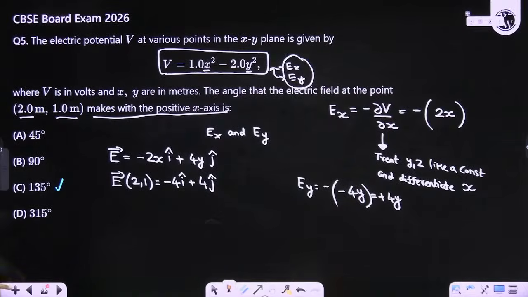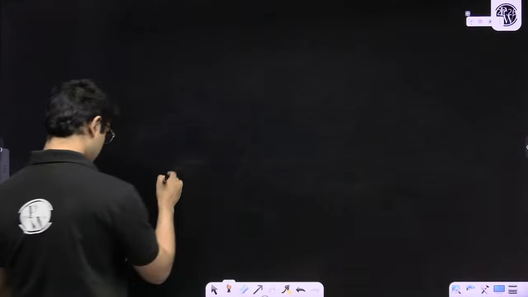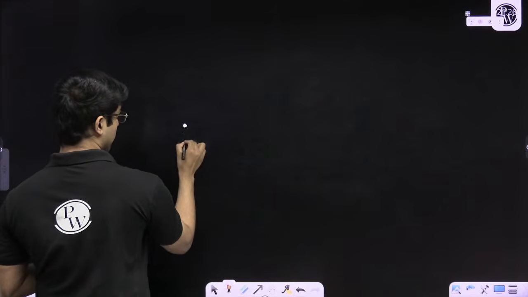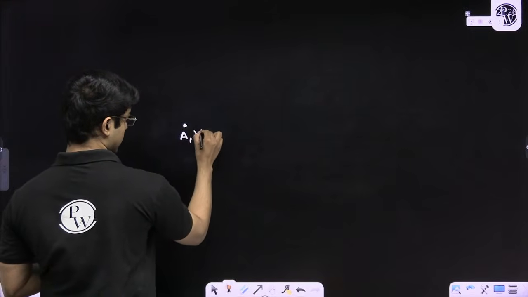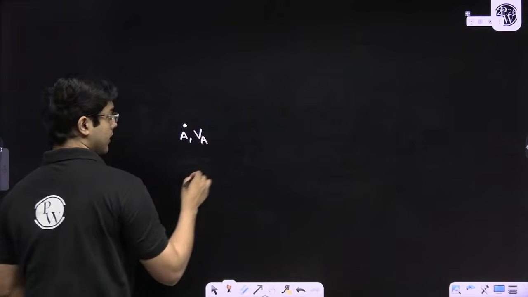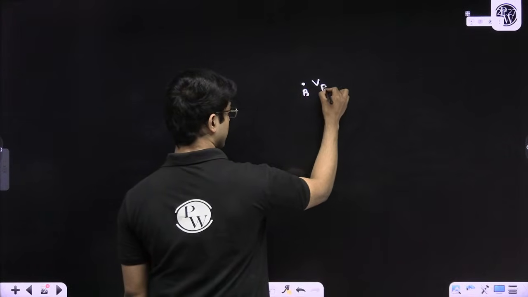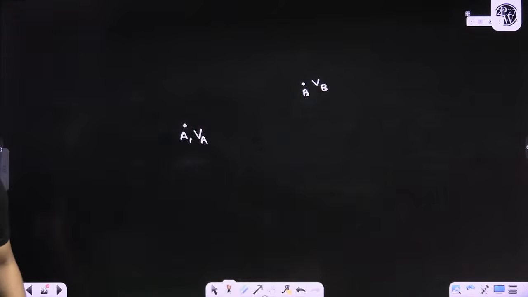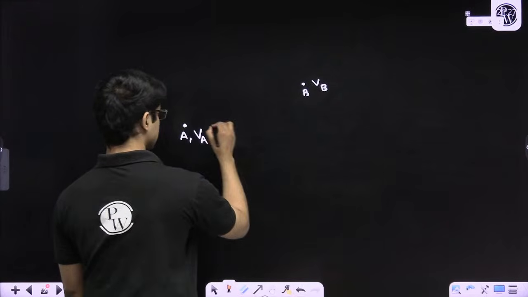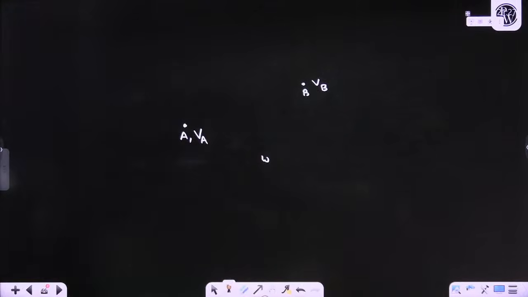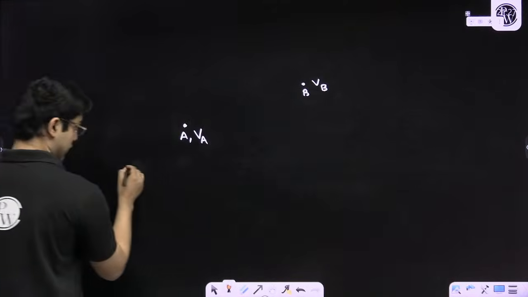Okay, so if point A, I'll just ignore the numerical value, has potential VA and point B has potential VB, then the potential difference, I guess you want to find the work done by the agent. Yeah, so when you're saying find work done, we mean work done by agent.